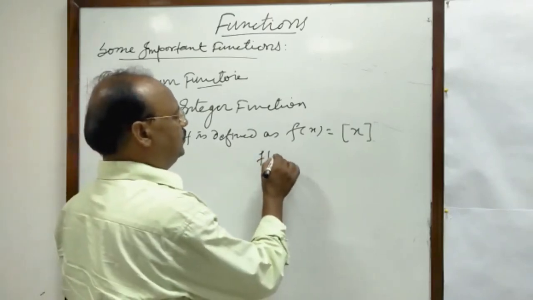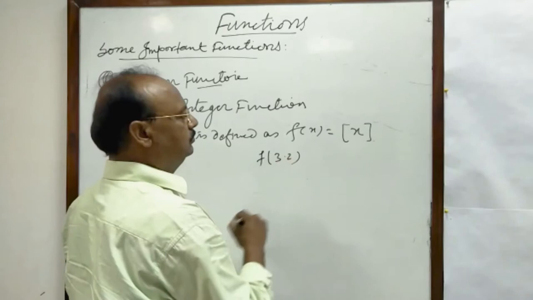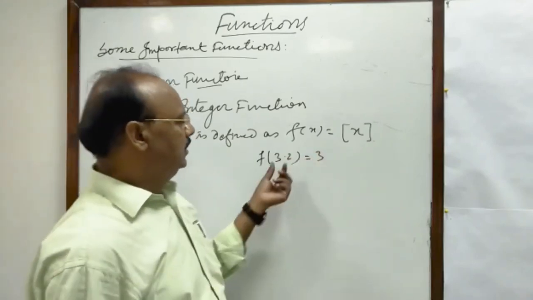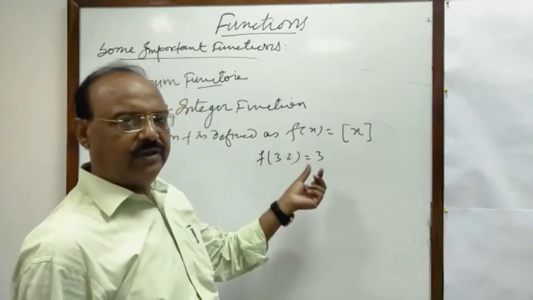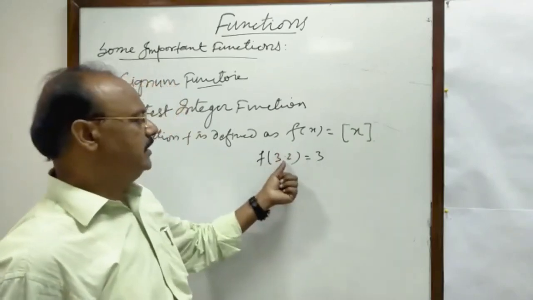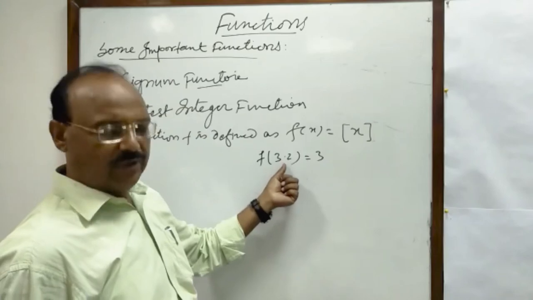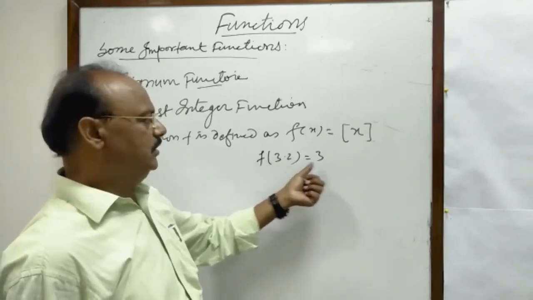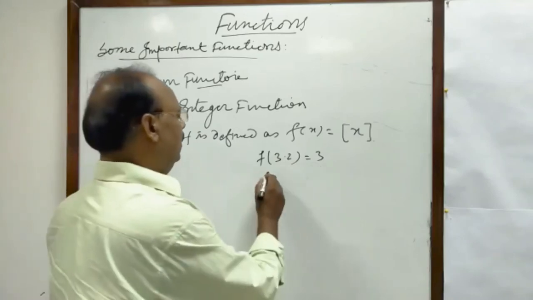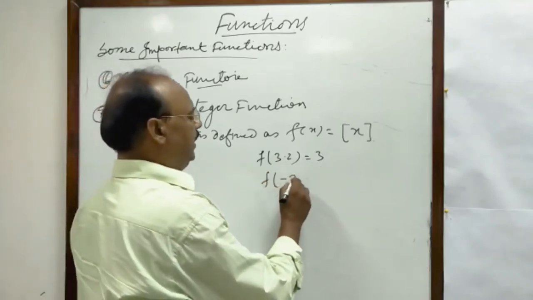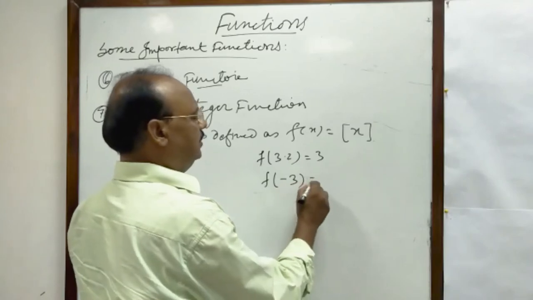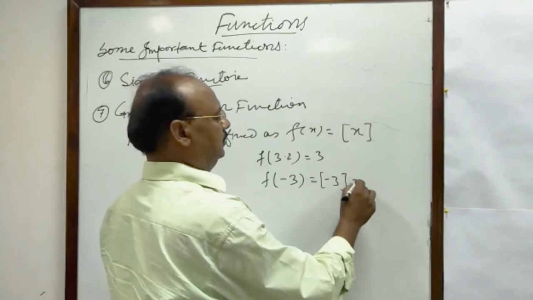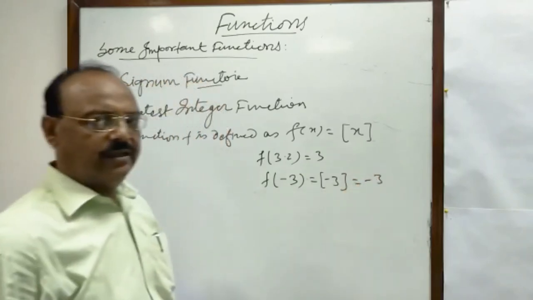f of, suppose 3.2, this will be 3, meaning the greatest integer less than or equal to this one. So the greatest integer less than or equal to this much is 3. Similarly, if f of minus 3, then we will write here this is equal to minus 3.